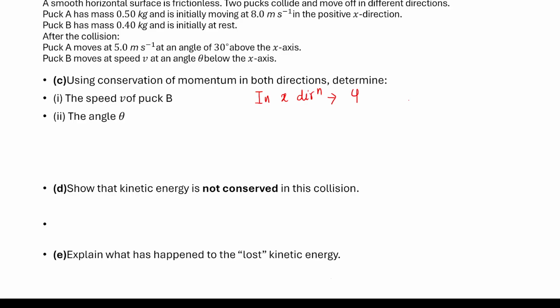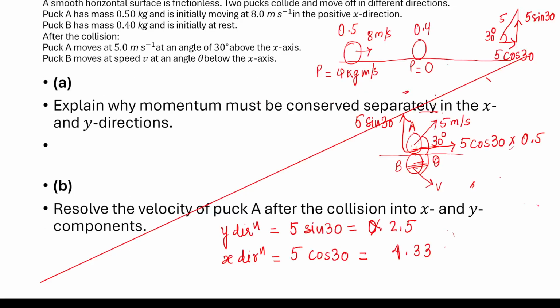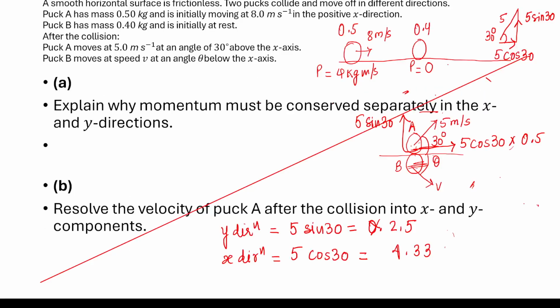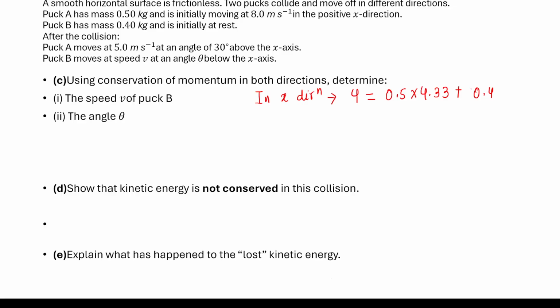This one is equal to 0.5 times 4.33, and then this one will also have 0.4 kg. So this component of v will be in this direction, will be v cos theta. So I'm just going to write 0.4 v cos theta. I'm just going to draw the diagram here. Going back is too much.